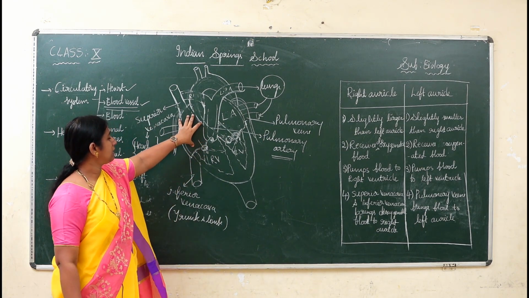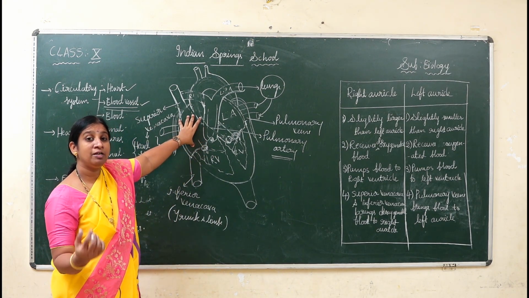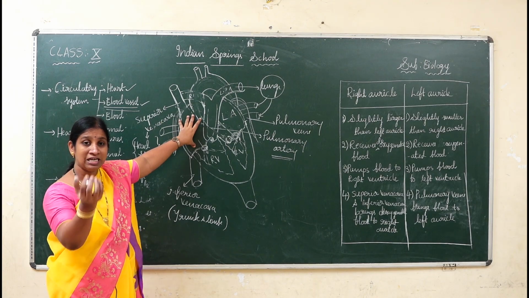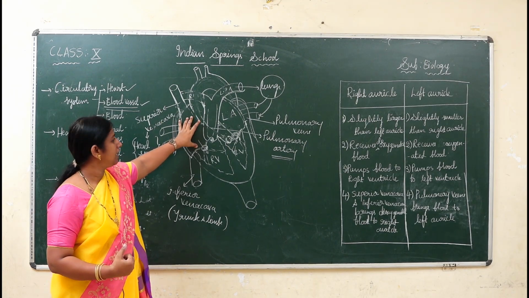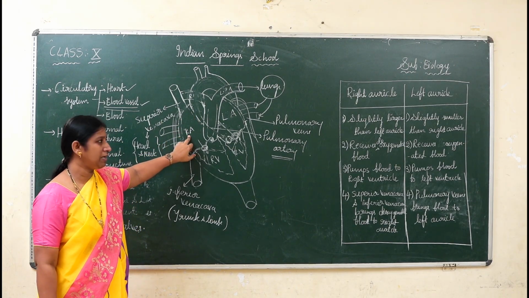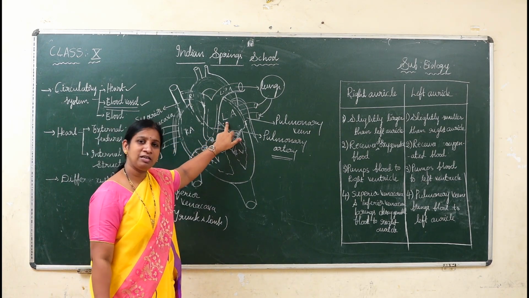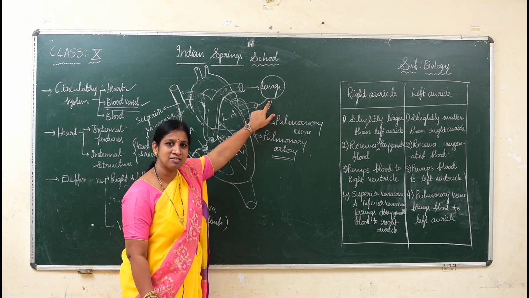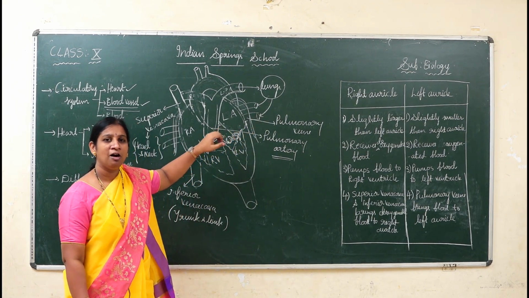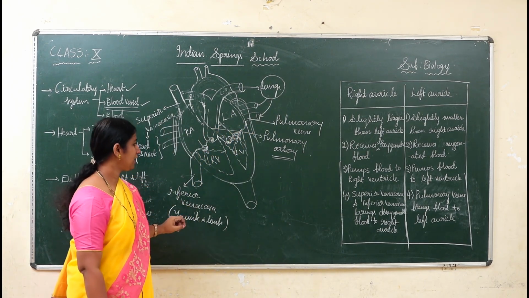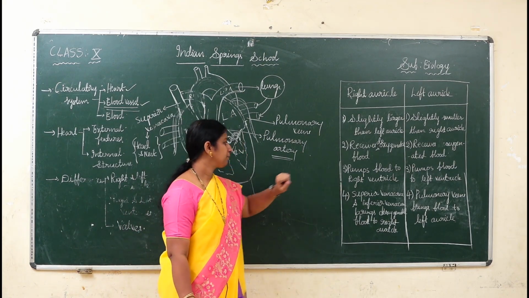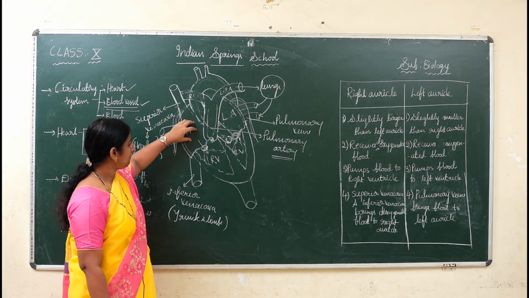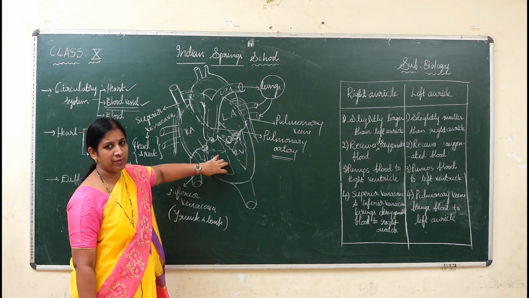Right auricle receives which blood, children? Deoxygenated blood, as it is collecting blood from all parts of the body. Whereas left auricle receives oxygenated blood, as it is receiving blood from the lungs. Then the third point: right auricle pumps blood into right ventricle.